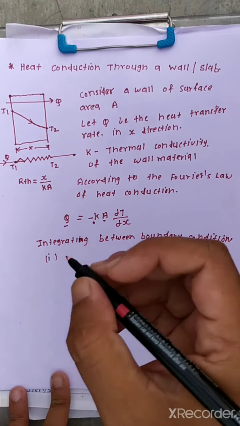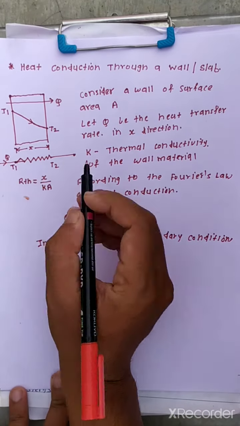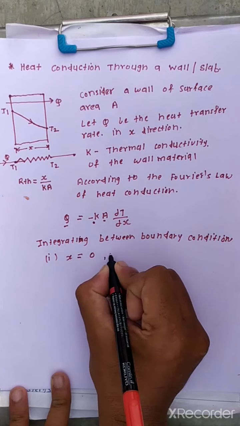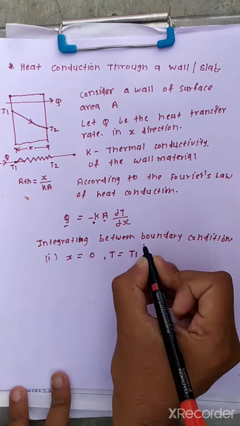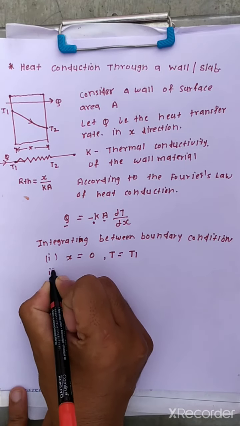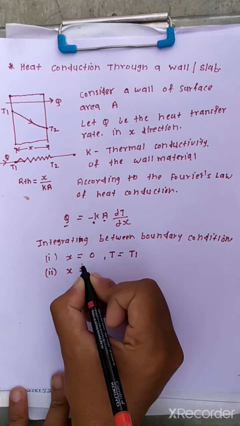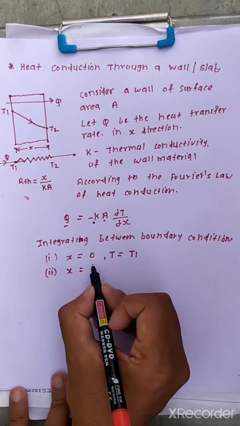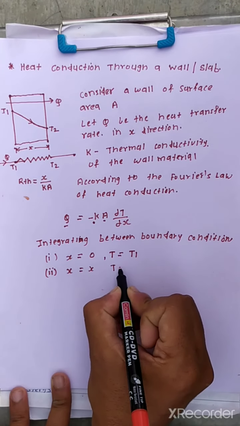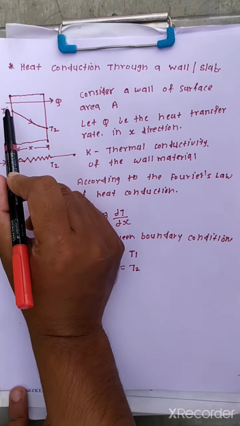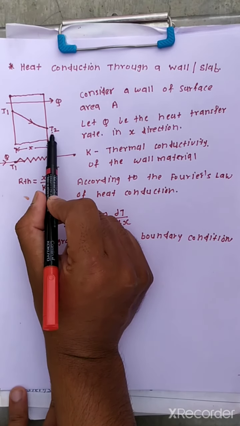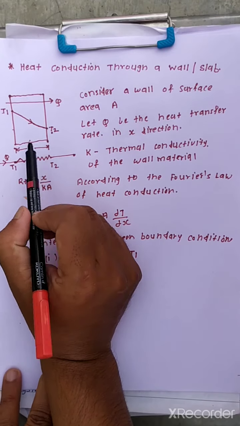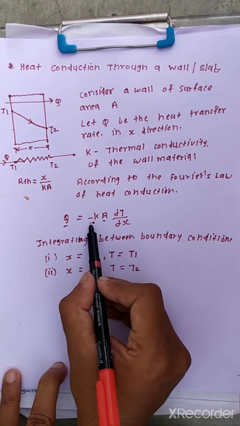First boundary condition: at thickness x is equal to 0, temperature T is equal to T1, and second boundary condition: at x is equal to x, temperature T is equal to T2. So T1 is the inlet temperature and T2 is the outlet temperature. Temperature decreases when the thickness of the wall increases. That's why we take the negative sign here.